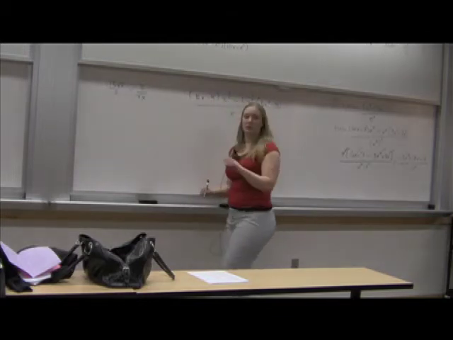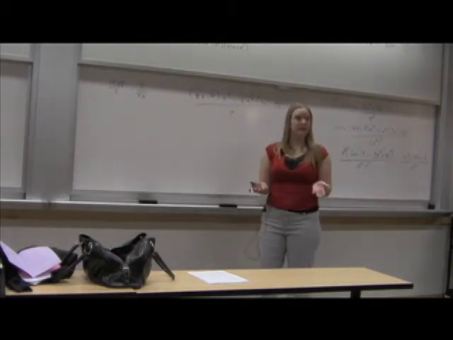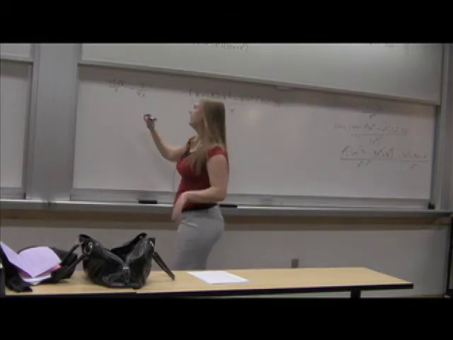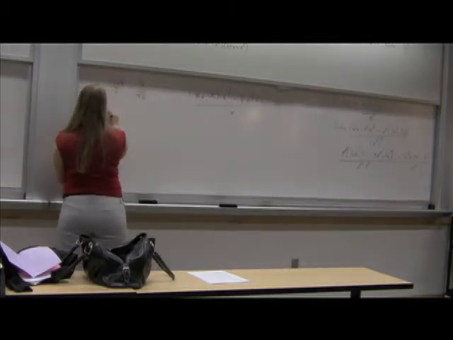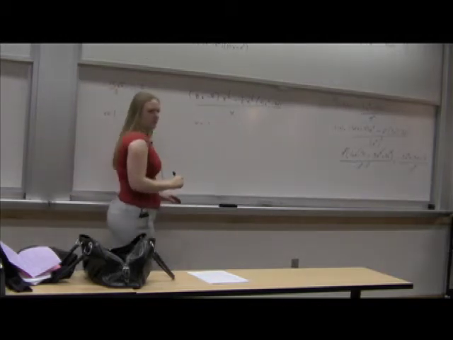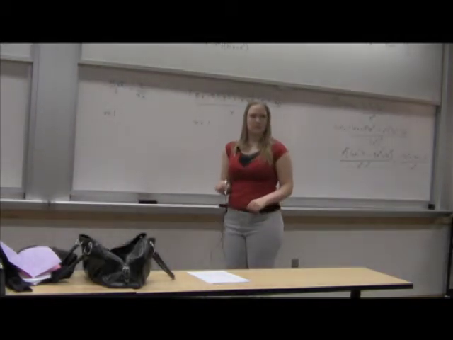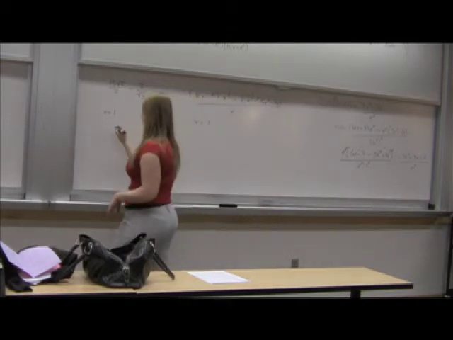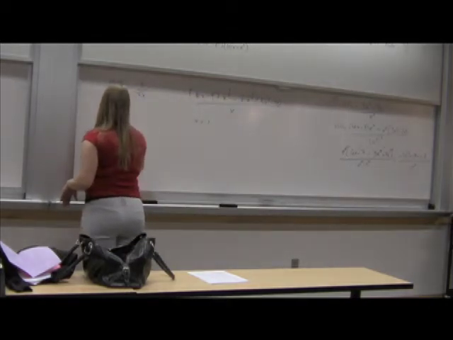You want to know what I would do? Plug in a number. Exactly. I would plug in something really easy, x equals 1, to this and to this. So this is going to give me just 15 halves minus 2.